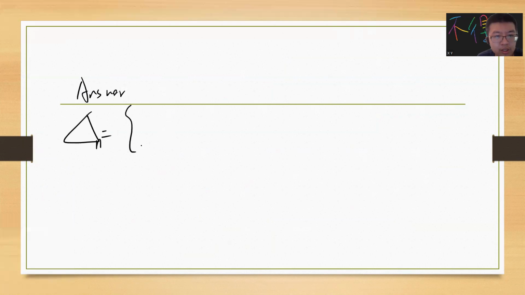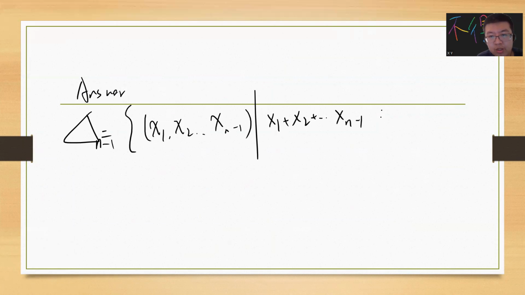So delta n minus 1 is a set, which is x1, x2 up to xn minus 1 such that x1 plus x2 up to xn minus 1 is less than 1. So the answer will be the volume of delta n minus 1 minus the n equations, right? So n equations.